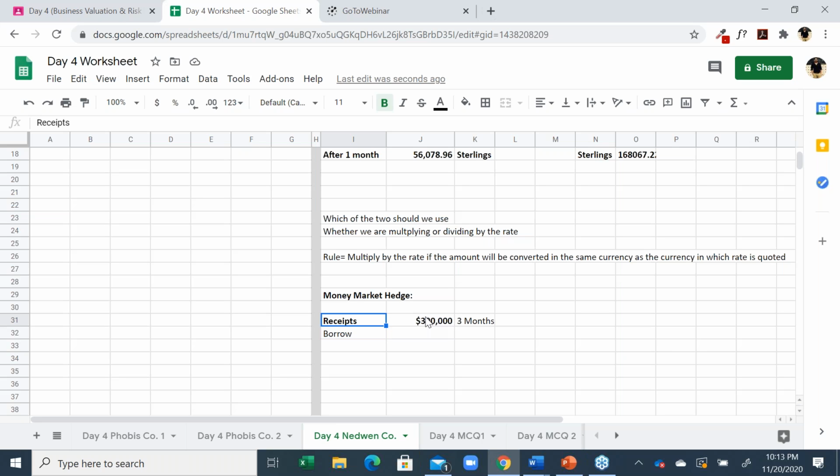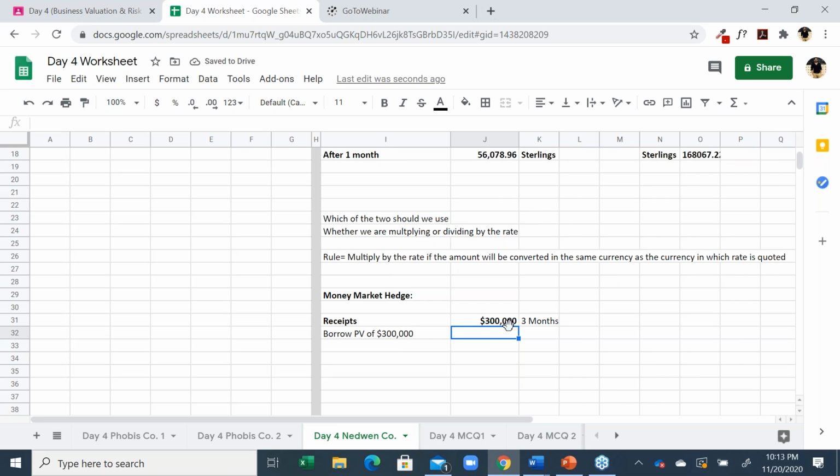And we cannot afford this because we are going to receive $300,000. So we have to borrow an amount which after 3 months will grow up to $300,000. So we have to basically borrow present value of $300,000, so that after 3 months, this amount grows up to $300,000, and upon the receipt of this amount, we should pay this to the bank from whom we have borrowed.